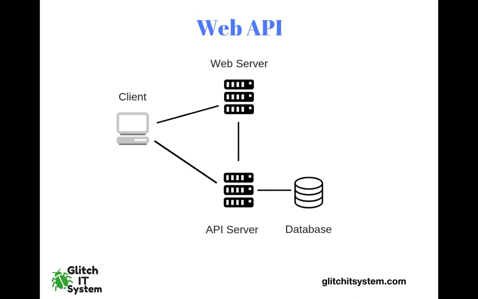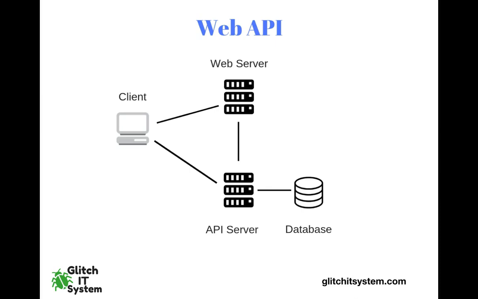So you typed in google.com, and then you type in something into the search and hit enter, and then it's going to send an API request to their API servers, and then they're going to go into their database and find information, or their API server could do some calculation or perform some function, and then that's going to come back to you. That's going to go back to the web server first, and then it's going to come back to you with the brand new page with your results.